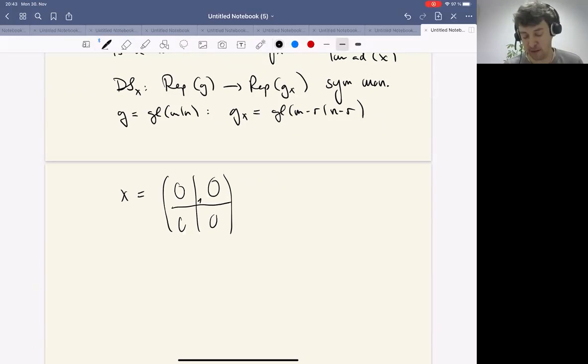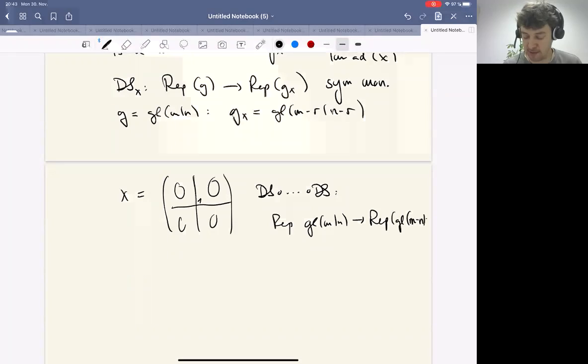And you go from, let's say, GLMN to GL(M minus 1, N minus 1). And then you can basically pick the same X again and you iterate this. And if you iterate this long enough, ultimately you get a functor from Rep GLMN to Rep GL(M minus N, 0). So this here on the right-hand side, these are super representations of GL(M minus N).